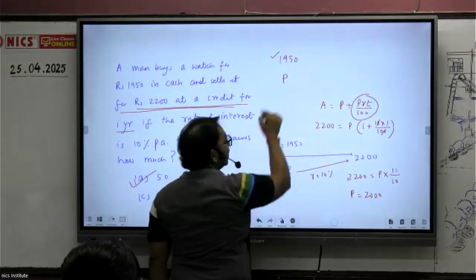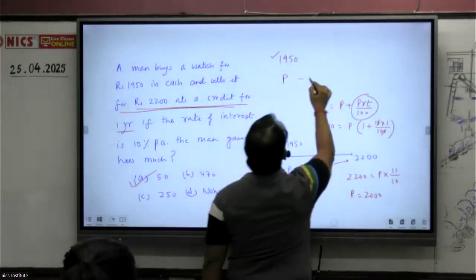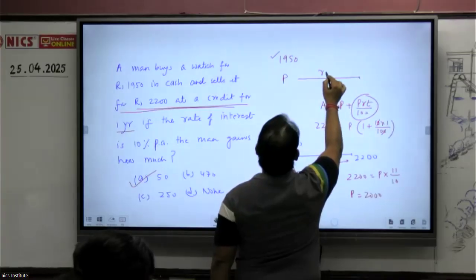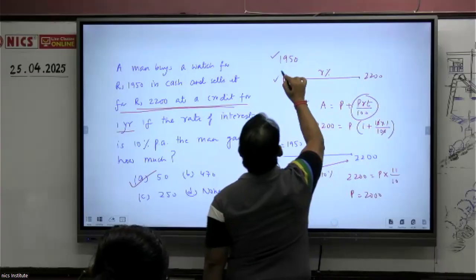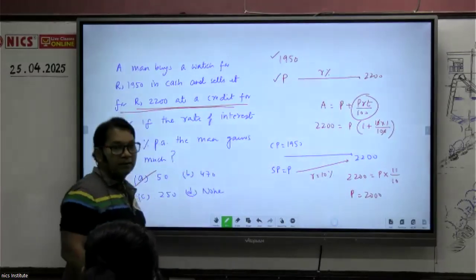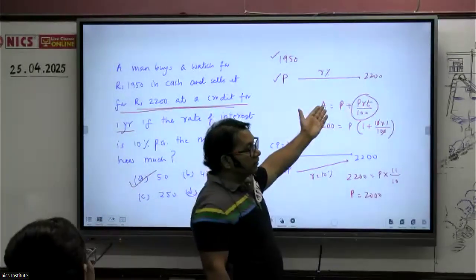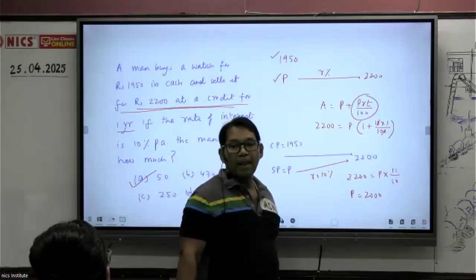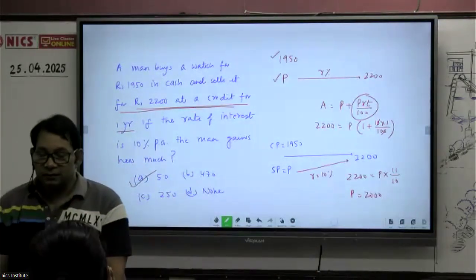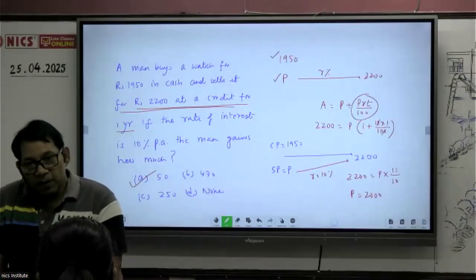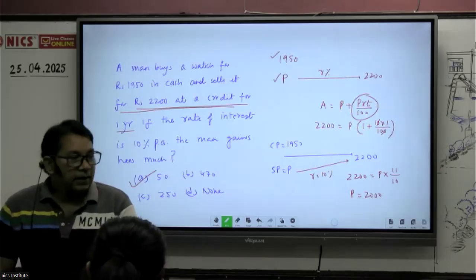You sell it for P rupees. But this P rupees after 1 year at the rate of R% per annum becomes 2200. So what is the P at the moment? It will be less. It won't be 2200. 2200 is the amount. He's getting 2200 rupees after 1 year. Effectively.